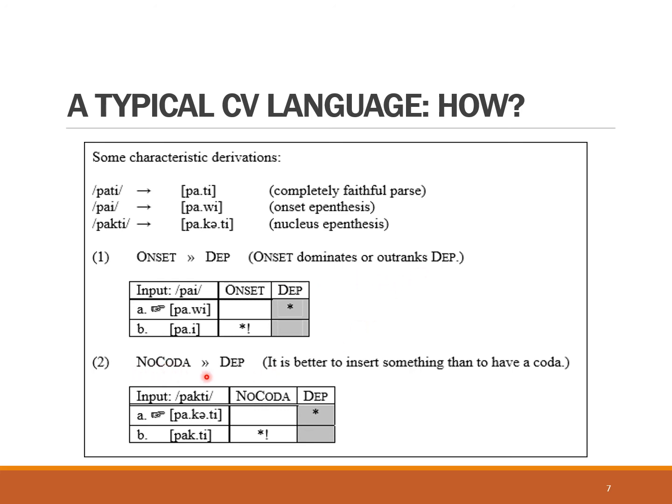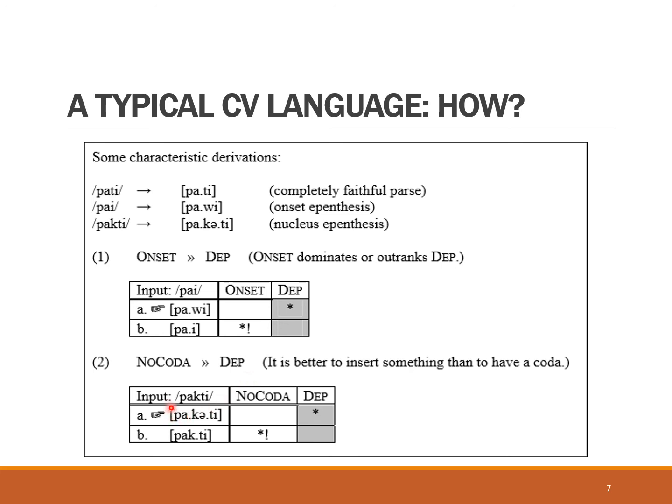No coda, on the other hand, also takes precedence over depth. So no coda cannot be violated, but depth can be violated because the language accepts some kind of appendices, whether a consonant or a vowel, but it does not allow any syllable to have no onset or to have a coda.